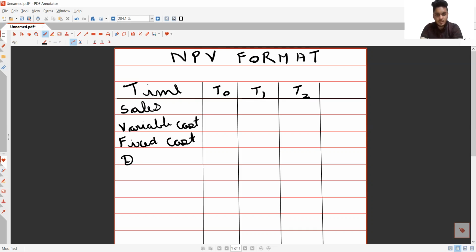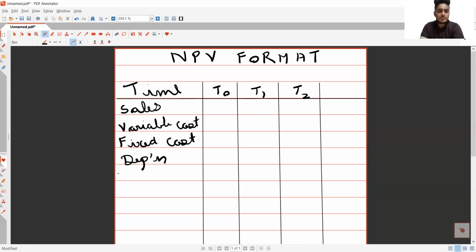You would have a certain amount of depreciation. Your depreciation will be on the amount of investment you make. Guys, you could have a straight line method or a written down balance method. Refer to the question. They'll tell you clearly which method you're supposed to follow.